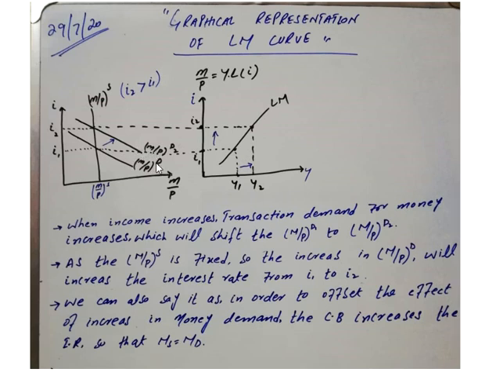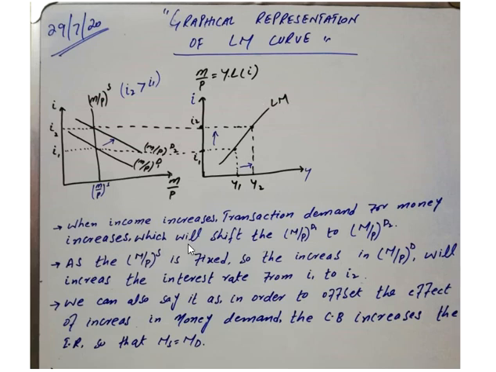Money demand increases from D1 to D2, and it will increase the interest rate from I1 to I2. So when the income is Y2, the interest rate is I2. Here we will draw the point of I1 with Y1 and I2 with Y2, and when we join these two points, this will give us the LM curve, liquidity preference and money supply.